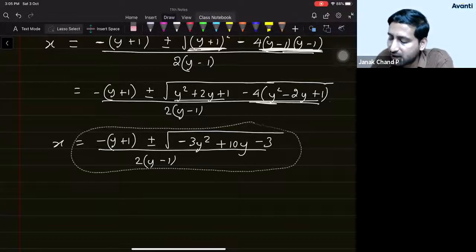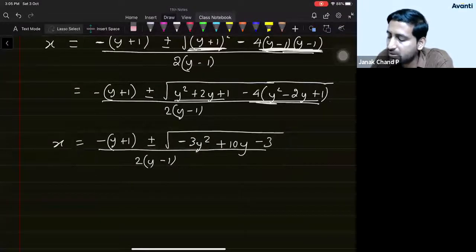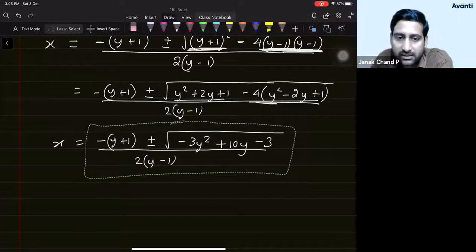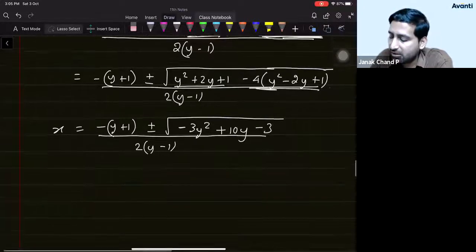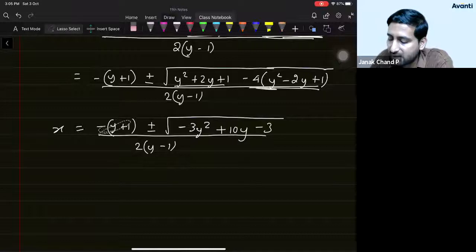There's no other simplification that you can do. The only thing you should do is, you should just think, what are the values of y I can put on the RHS so that this whole quantity is positive. So student, you don't have to worry about this thing and this thing. Why student?